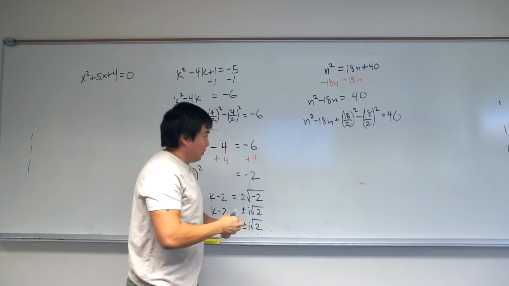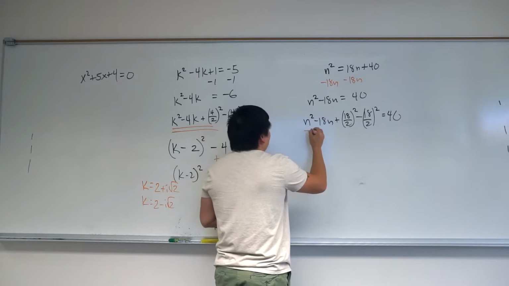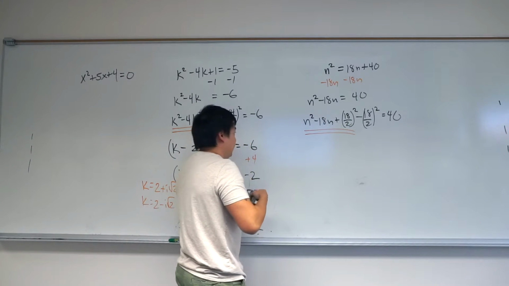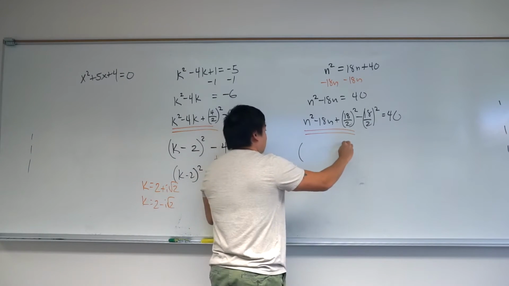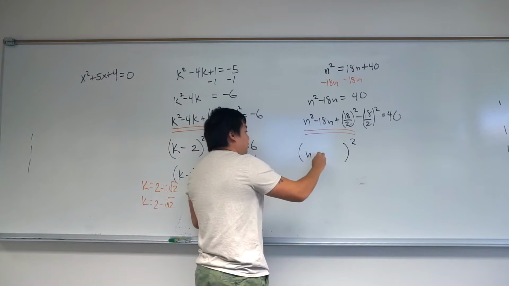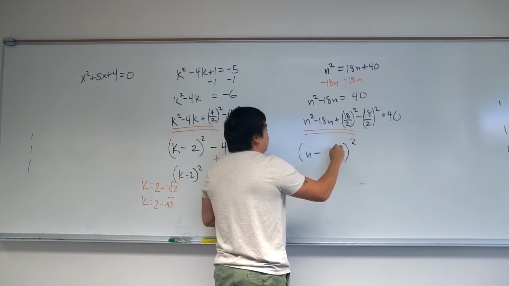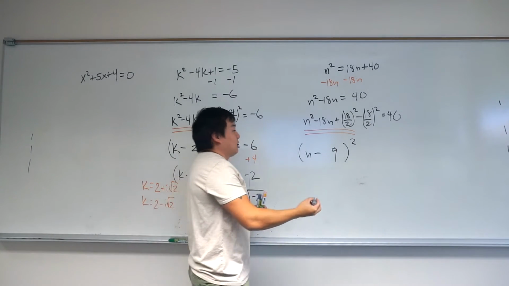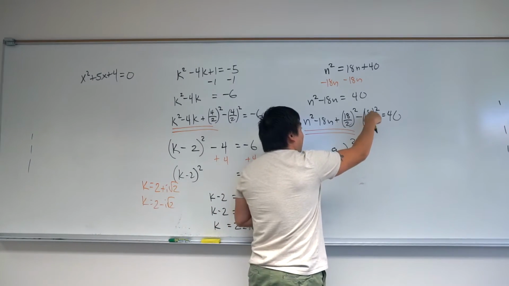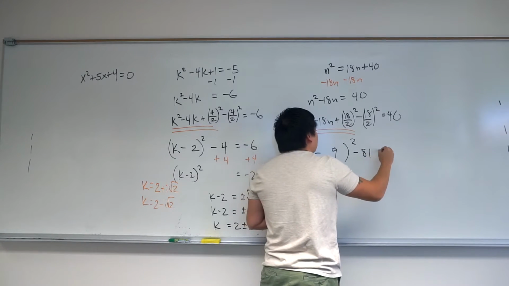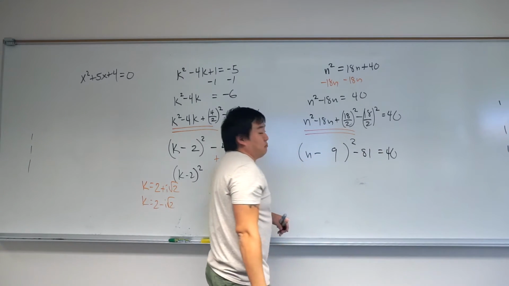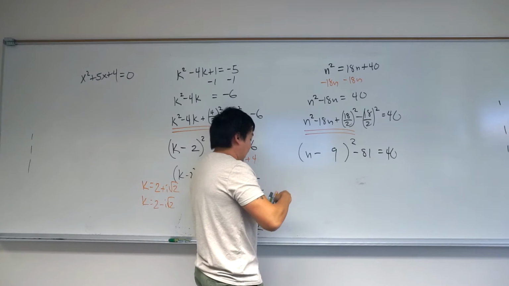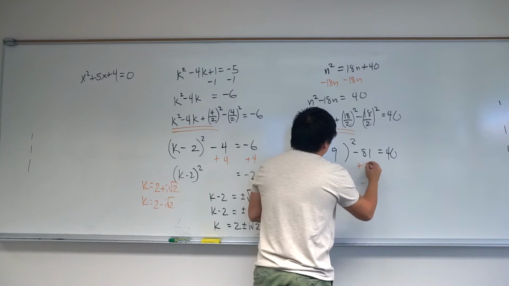Again, the first 3 terms is always the perfect square: variable, same sign, 18 over 2 is 9. This is 9 squared, so that's minus 81. And then solve. So add 81 to both sides.